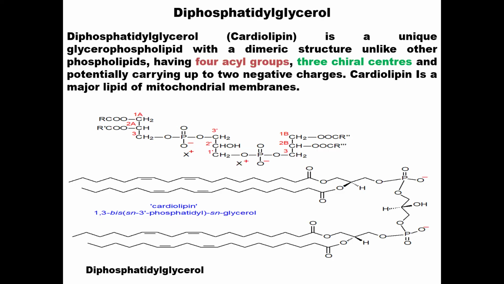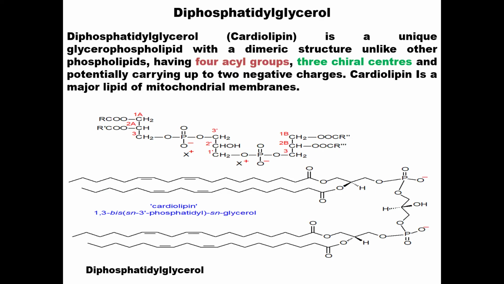Now you have two molecules of phosphatidylglycerol joined together to form diphosphatidylglycerol, which is cardiolipin. It is a unique glycerol phospholipid having two molecules of phosphatidylglycerol, and it has some important properties that you should take note of.